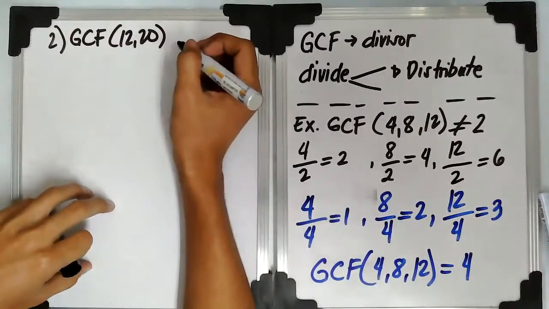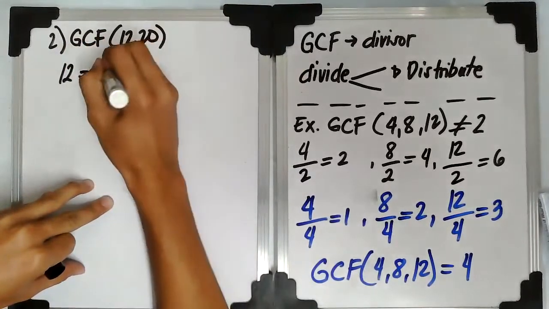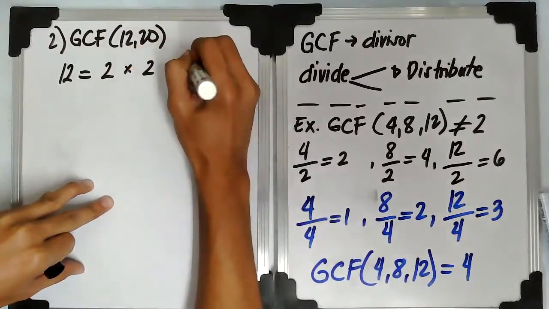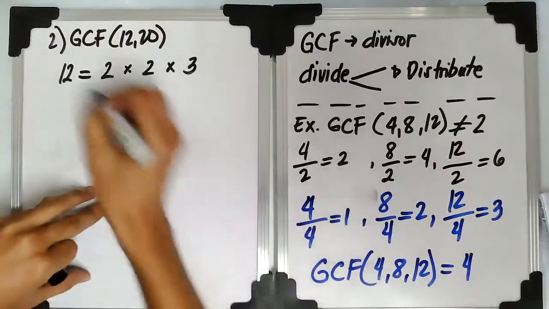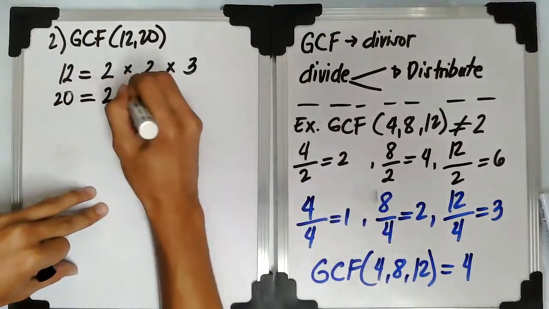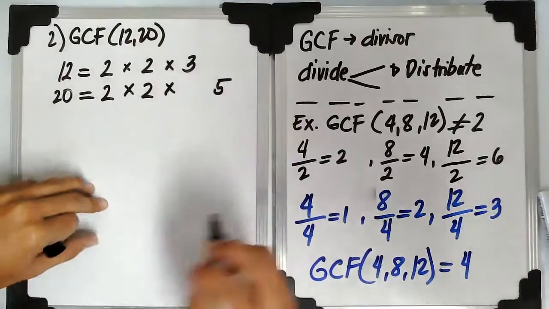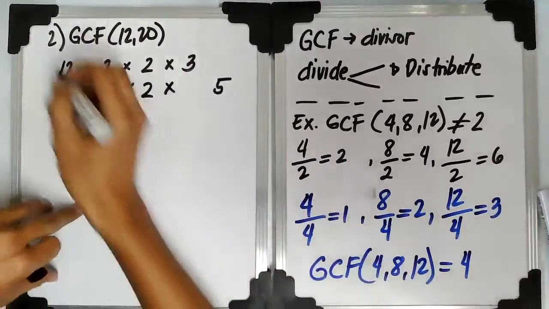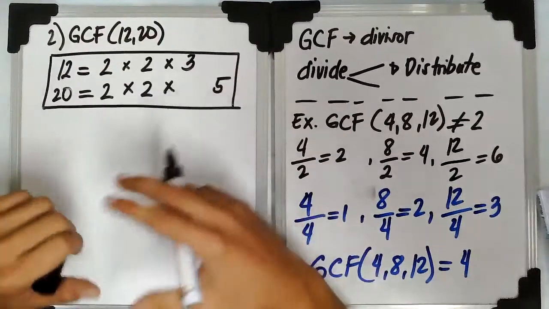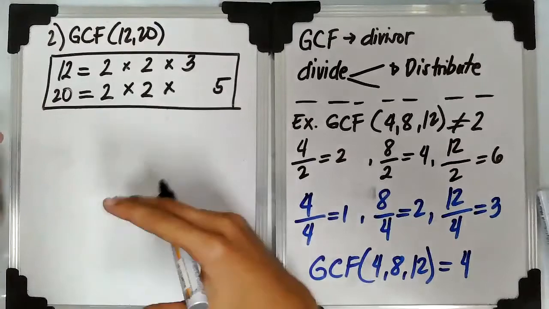If we get the prime factors of 12, this will become 2 times 2 times 3. And if we get the factors of 20, this will become 2 times 2 times 5. Now, if we put this in a table like this and align those factors that are common, we can easily get the greatest common factor.